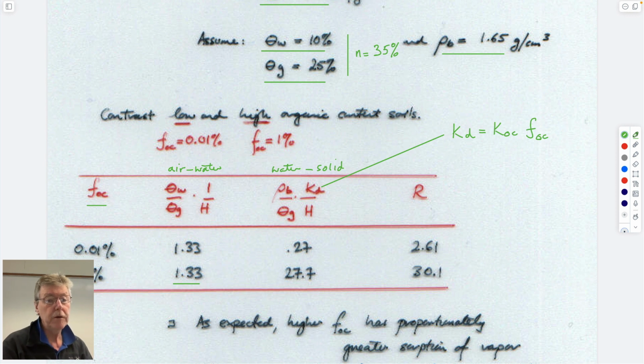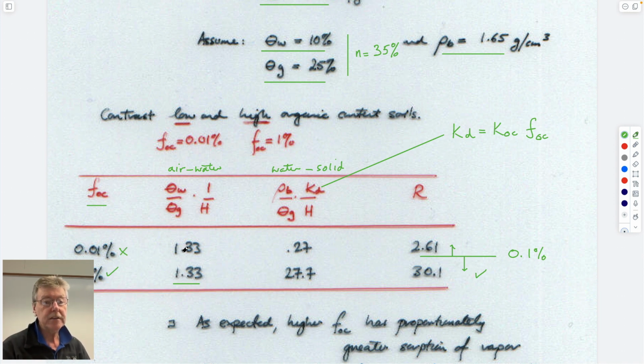We said that the boundary was the middle, which was equal to 0.1%. So this is less than above this, and this is more than below it. So it would presumably be applicable to use this equation here. So this is actually okay, but this is not.